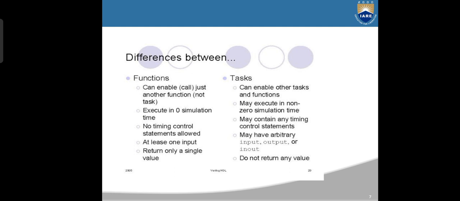Functions return only a single value, but tasks do not return any such values. These can be said to be the main differences between a task and a function. The main difference is that a function returns a value but a task does not return any value.